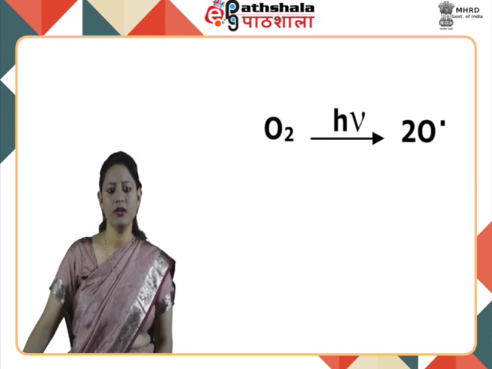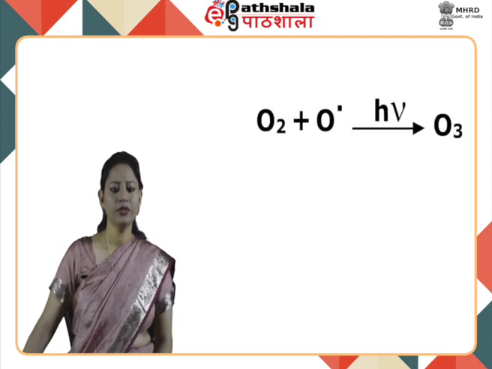Ozone formation involves homolytic bond dissociation in molecular oxygen in the presence of UV radiation, and atomic oxygen radicals are generated. Further, in the presence of ultraviolet radiation, the oxygen radical reacts with another oxygen molecule to produce ozone.